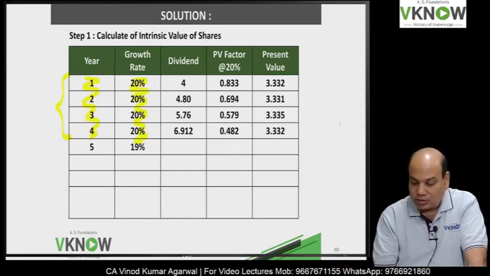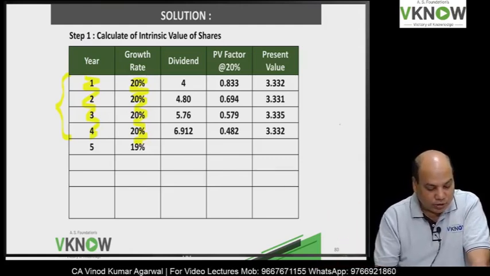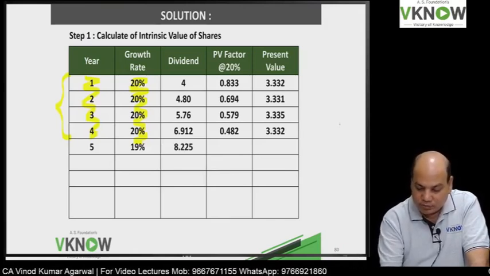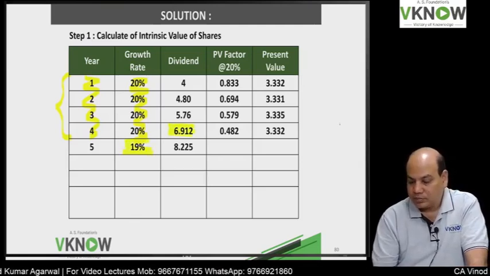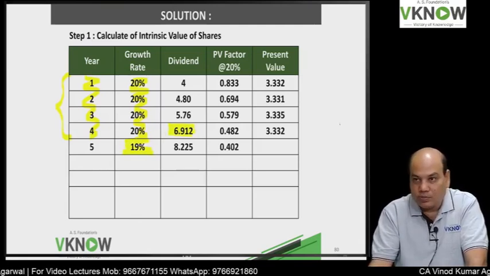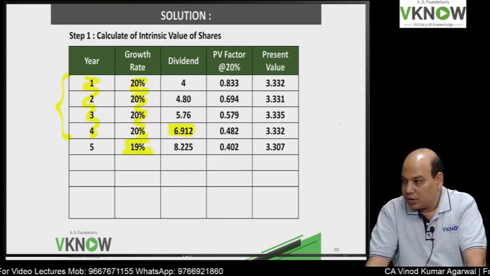We will assume the decline is by 1%, as the question is not very clear on that. After the first 4 years it will become 19, so your dividend will be the previous dividend plus 19%: 8.225. Factor is given, 0.402. Multiply: 3.307.